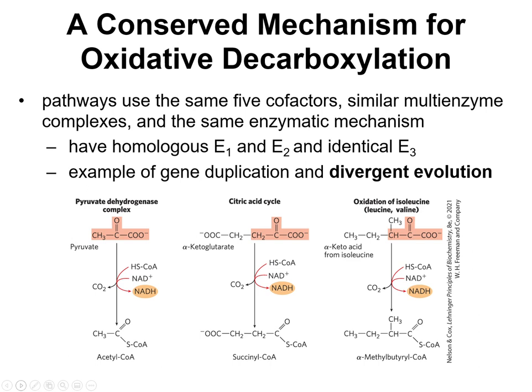So one complex is specific for pyruvate, another one alpha-ketoglutarate, and then what we have not talked about is taking the branched-chain amino acids like leucine, valine, isoleucine, and you're pretty much breaking down the amino acids this way. So all of them have a very similar complex composition.